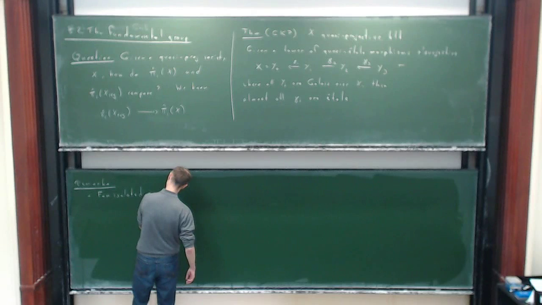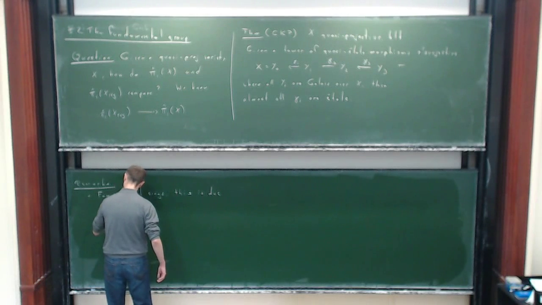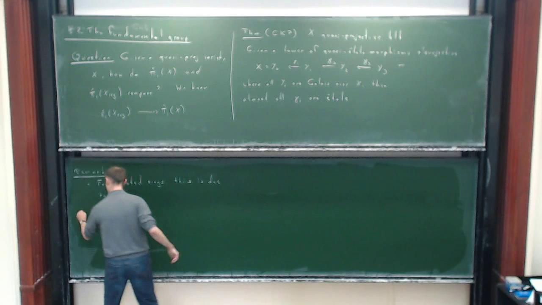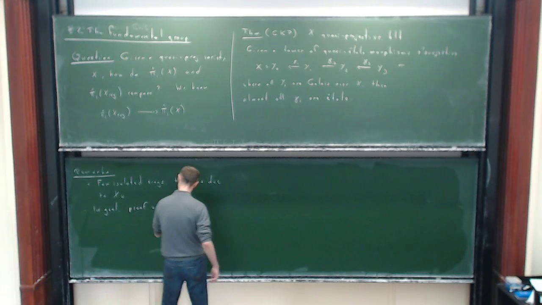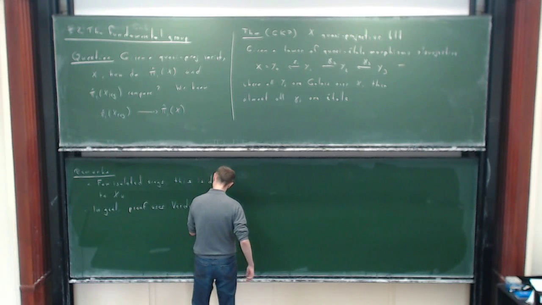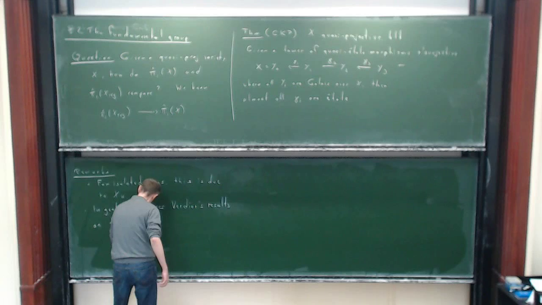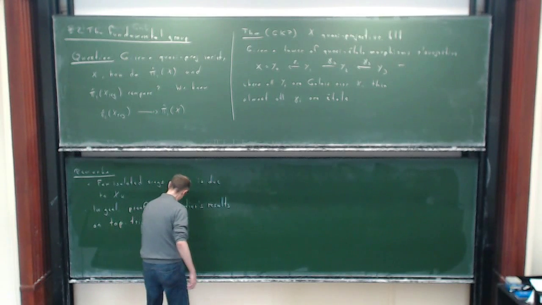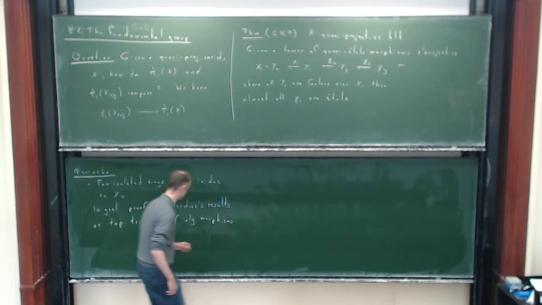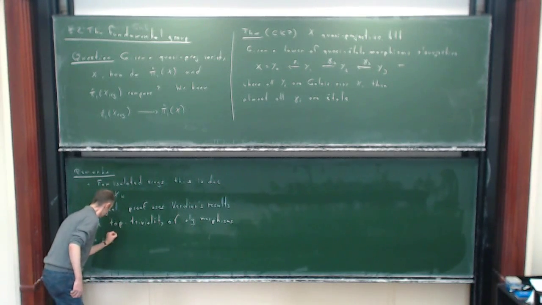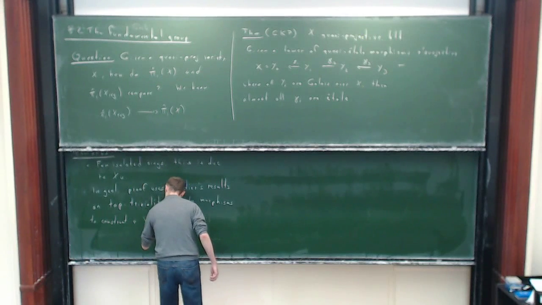For isolated singularities, this is due to Xu, and in general, the proof uses Verdier's results on the topological triviality of algebraic morphisms, to construct a Whitney stratification, and then proceeds by induction.